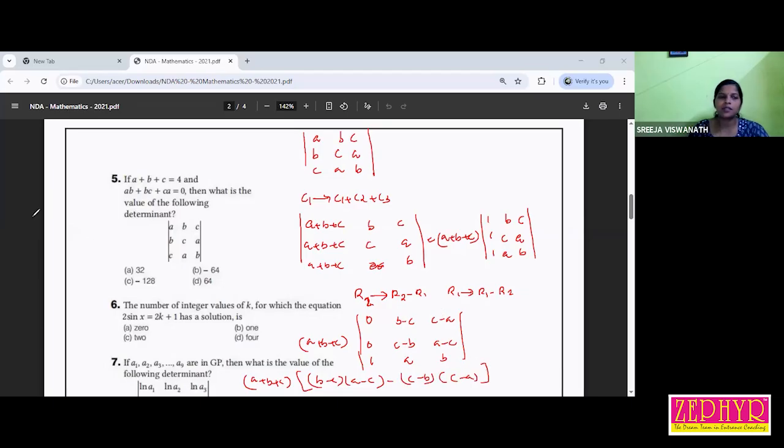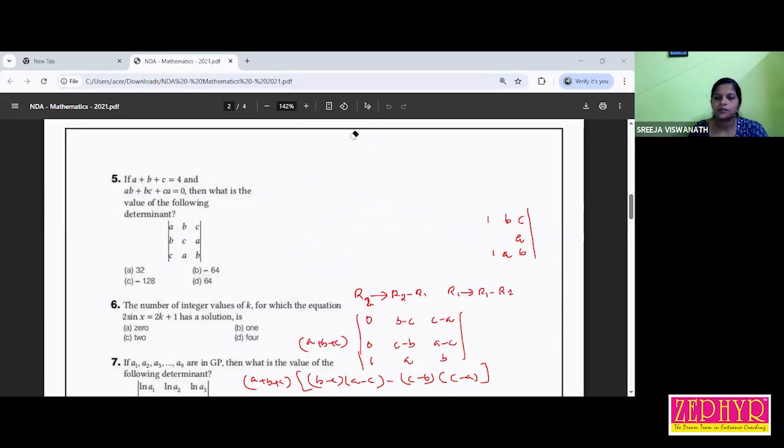Now open the brackets. That is A plus B plus C into AB minus CB minus CA plus C square, minus of C square minus CA minus BC plus AB.